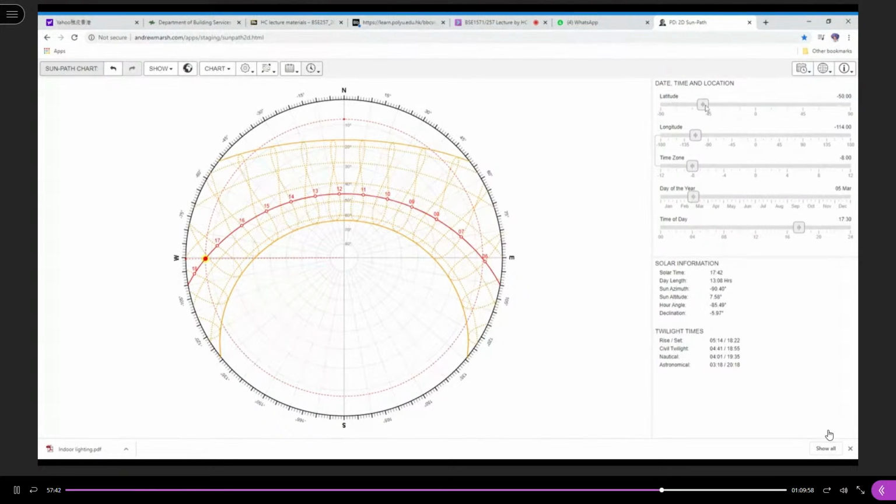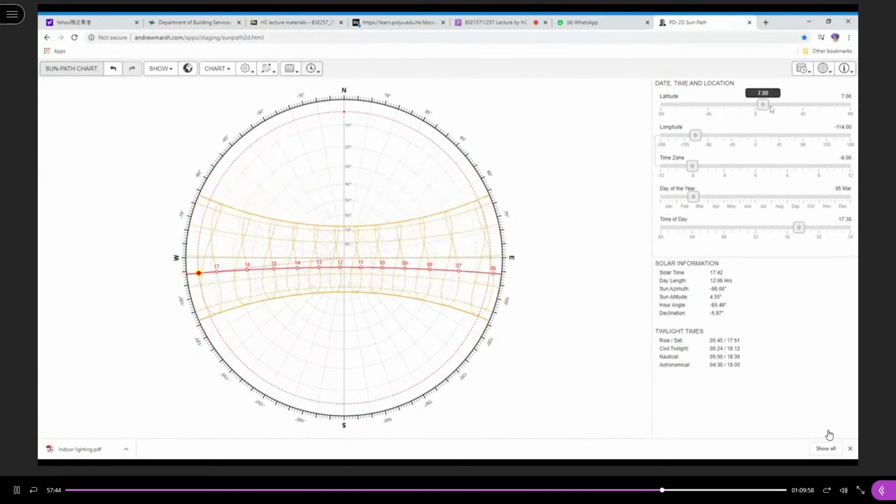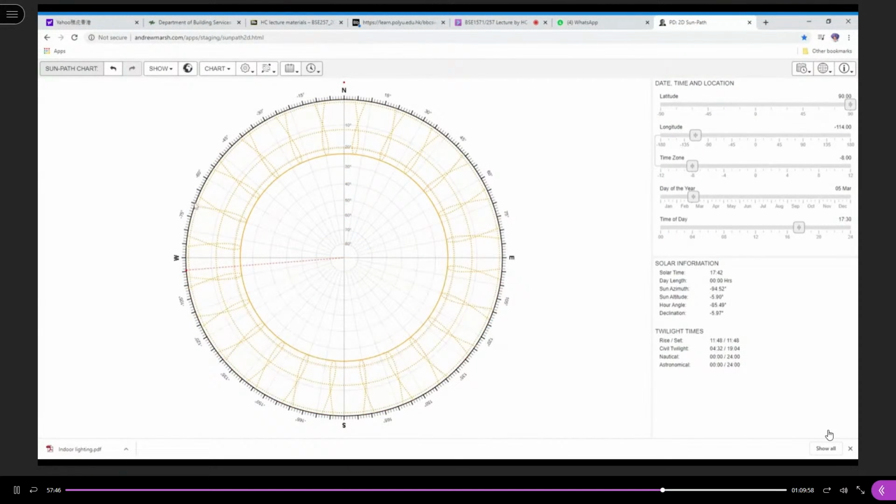How about in the North Pole? In the North Pole, the latitude will be 90. Okay, so this is the sun path diagram for the North Pole. In June, okay, this is the sun path, and then July, August, September. Okay, on this day, this is the equinox. So the sun will be moving across the horizon.